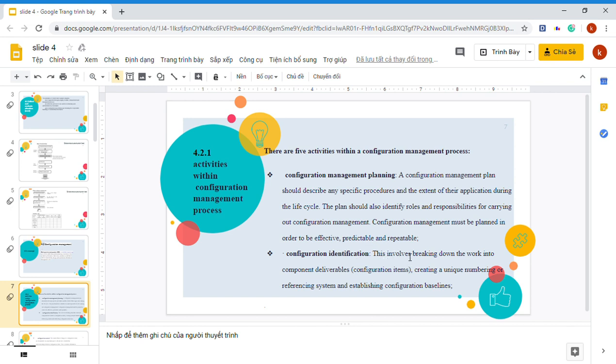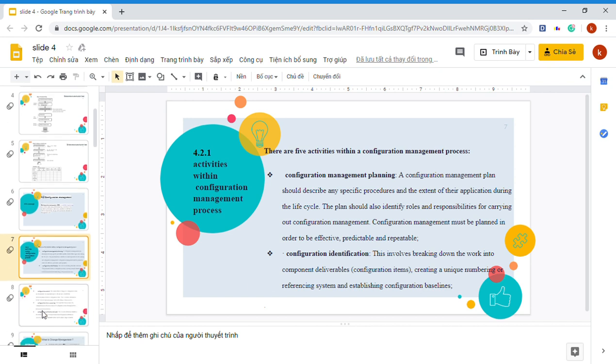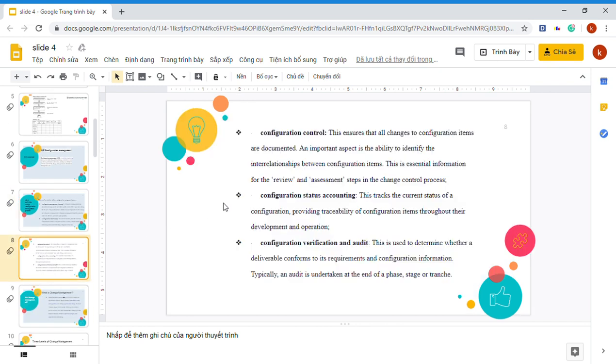Configuration identification. This breaks down the work into component deliverables, creating a unique numbering system and establishing a configuration baseline. Next, configuration control.